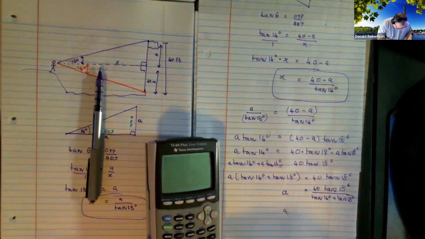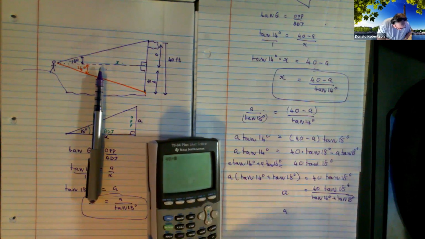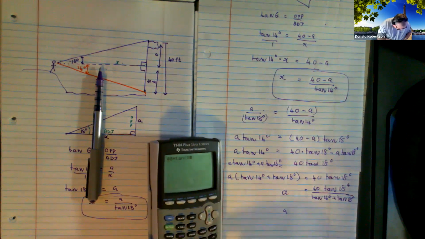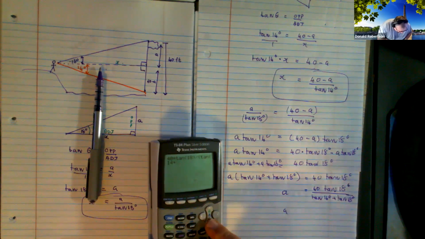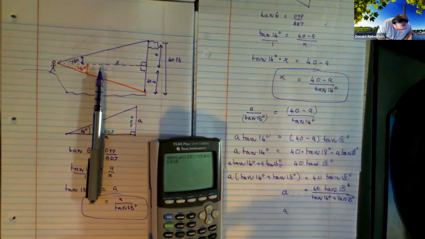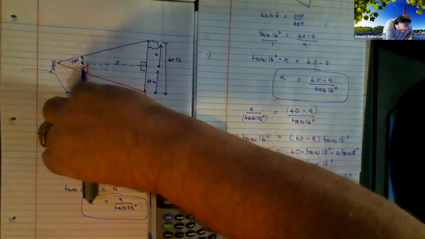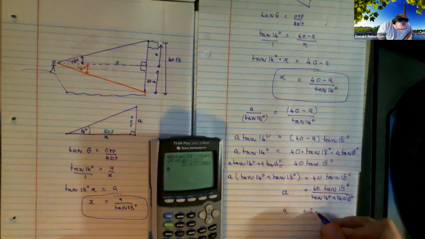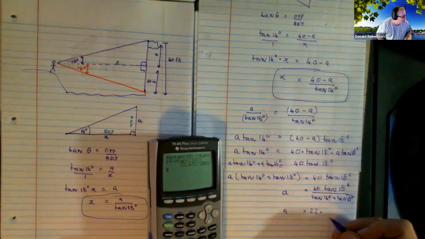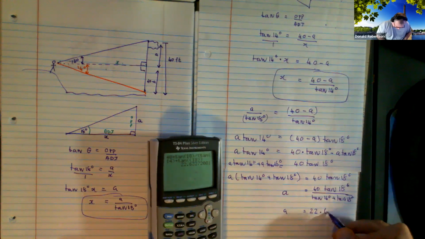On the top, 40 times the tan of 18, divided by, put a bracket around it, the tangent of 14 plus, oops, put a bracket, plus the tan of 18. And I get 22 point, what do they want anyway? Nearest foot, let's say 22.6 right now.